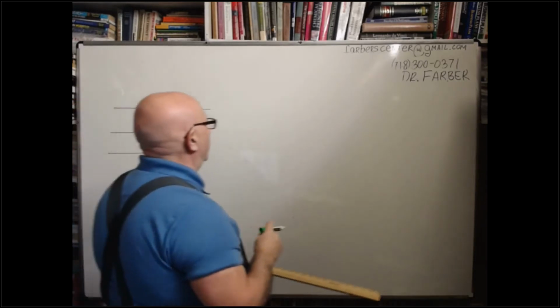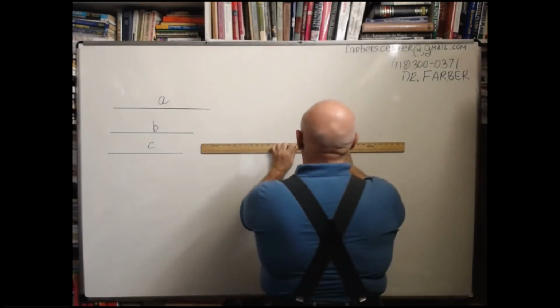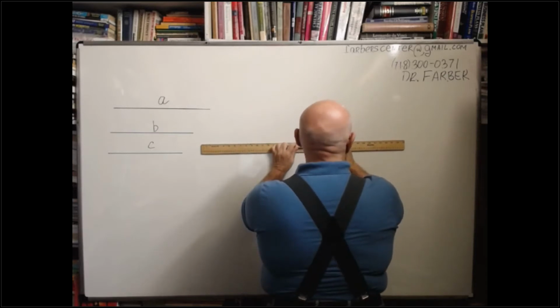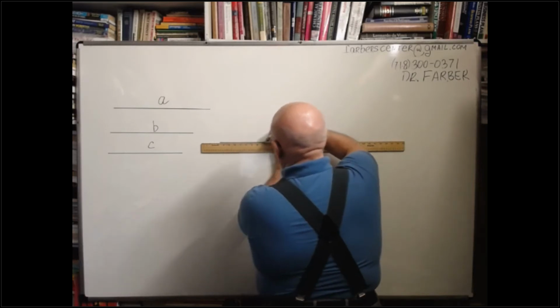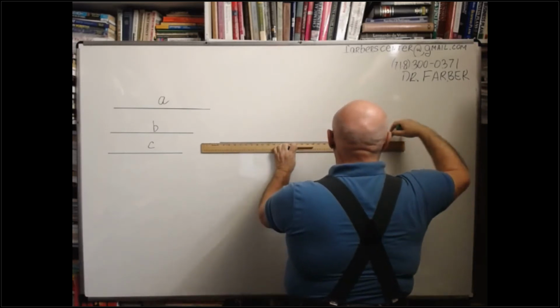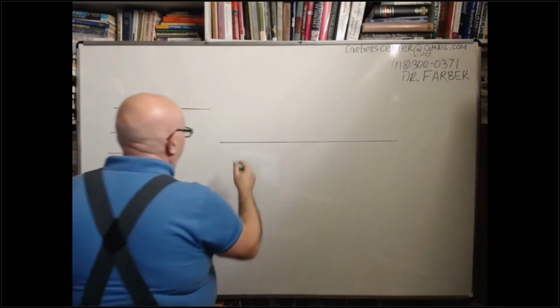I want to build a triangle. How would you usually do this? You make a line. Pretend this is not a ruler. This is a straight edge, which helps me only make a straight line. Choose a point.